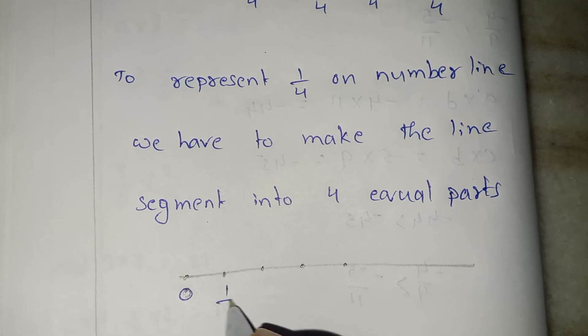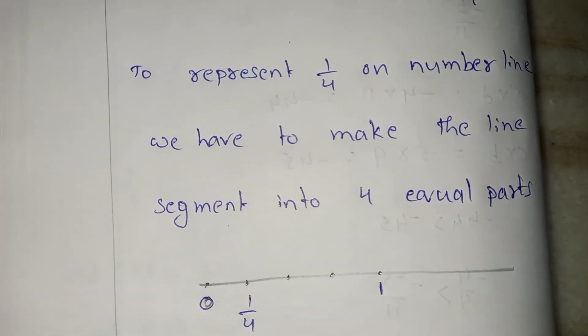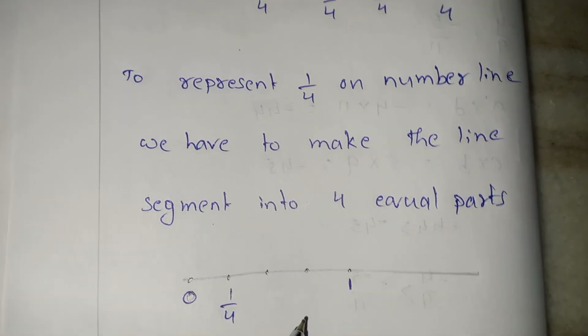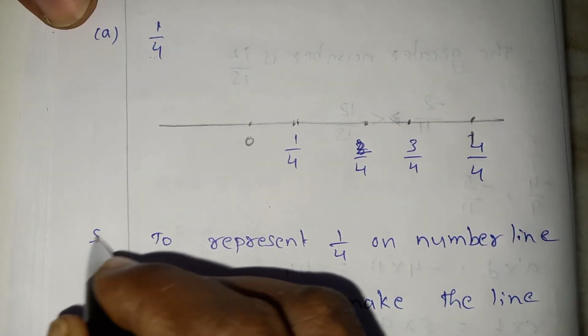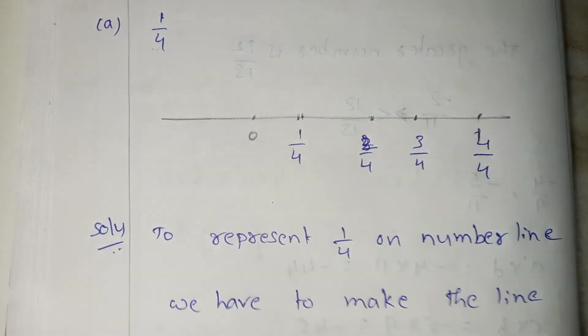This is 0, this will be 1 by 4, and this will be 1. No need to mention the remaining numbers, but the solution starts from here. This I just drew for your understanding.